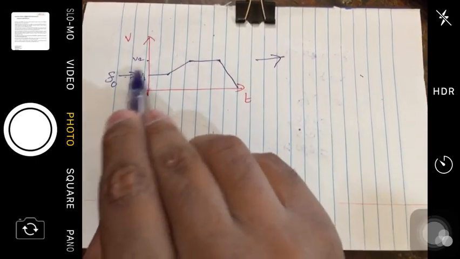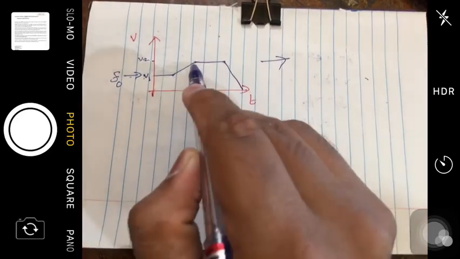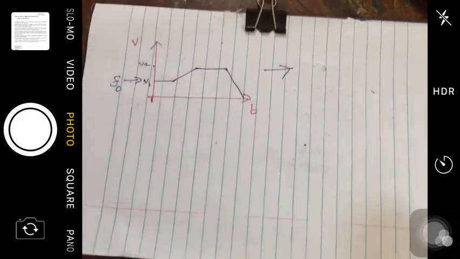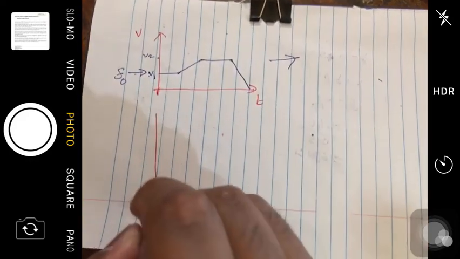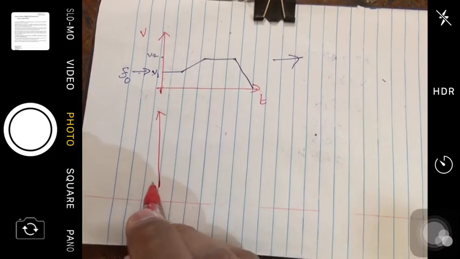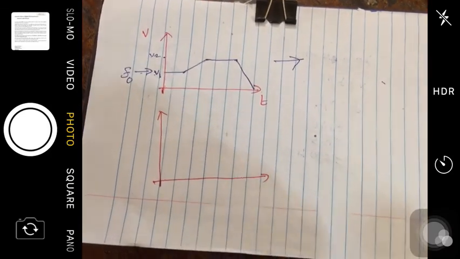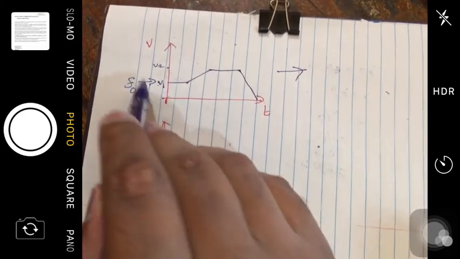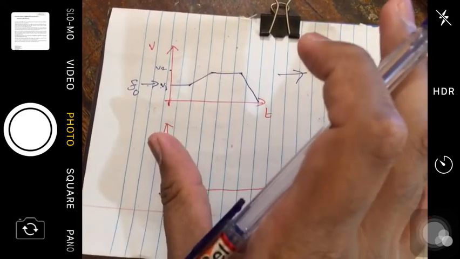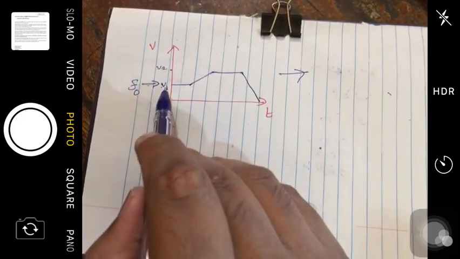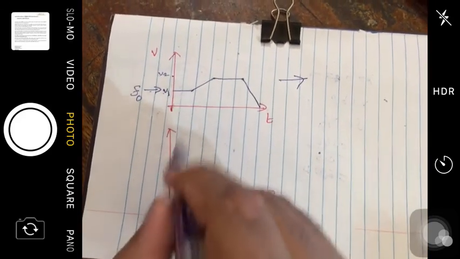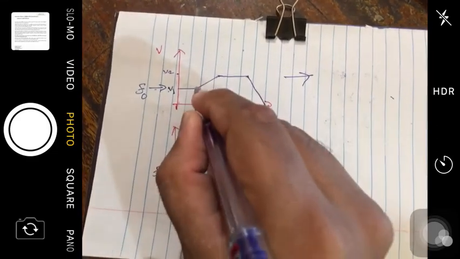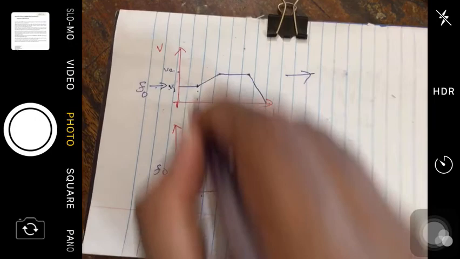So if you look at the observed frequency, we don't know what the original source frequency is because we don't know the frequency when the car was still. We just know that when the car was moving with v1 it has a frequency f0, so it would stay at f0 in this region.